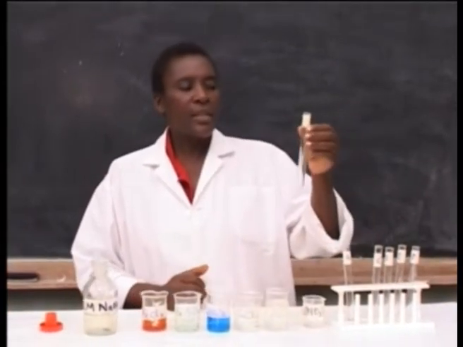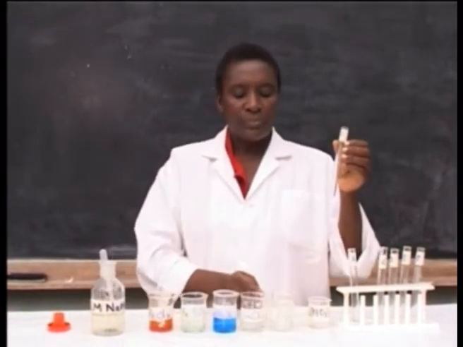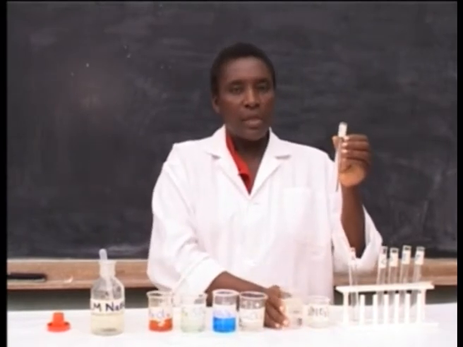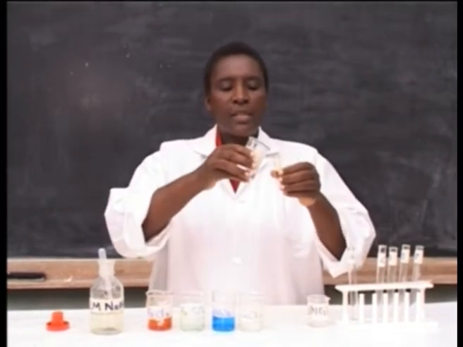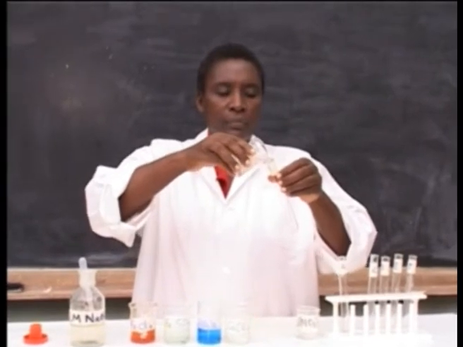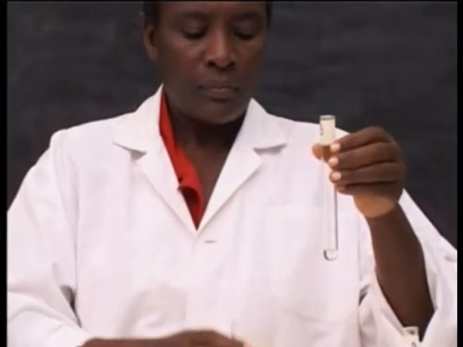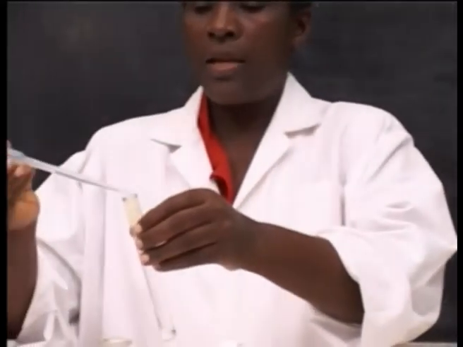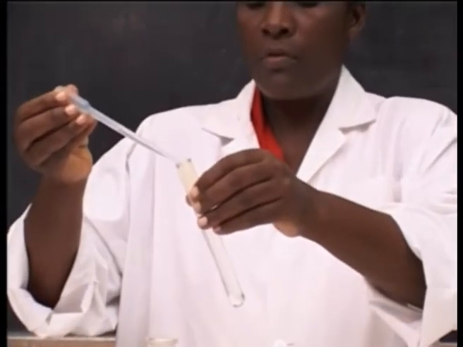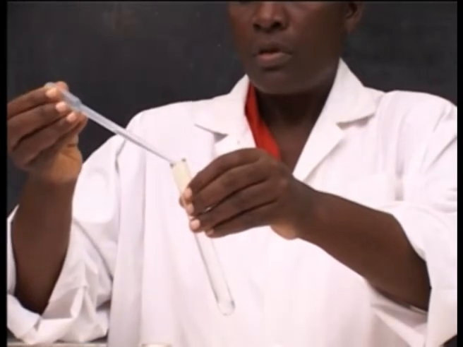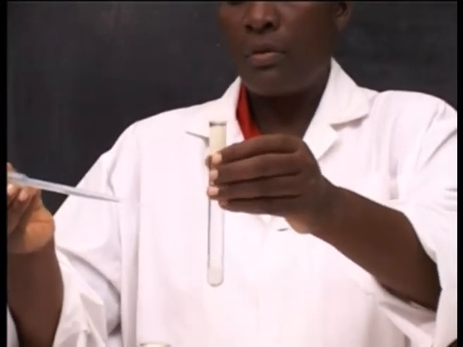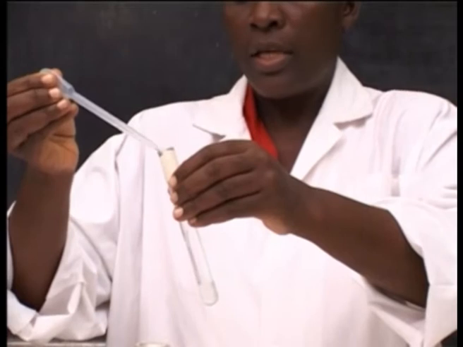Then take the second test tube, put zinc nitrate solution, add few drops of sodium hydroxide solution till in excess.